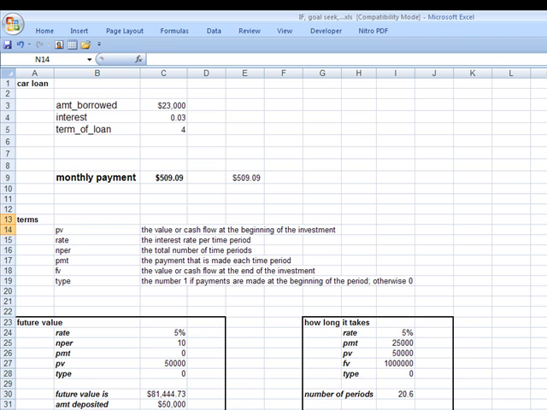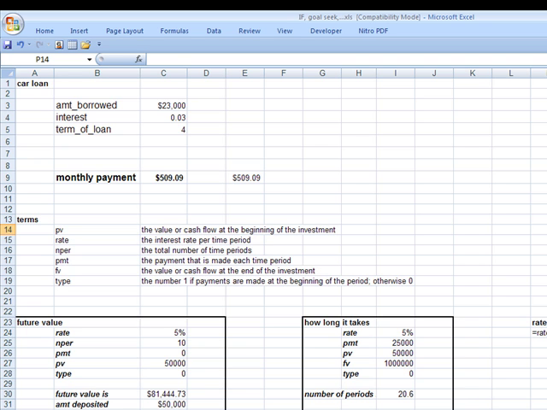There are a few other functions that we could look at, but I would just rather tell you about them without going through the calculations. One is the rate function, and the rate function is used in this scenario.